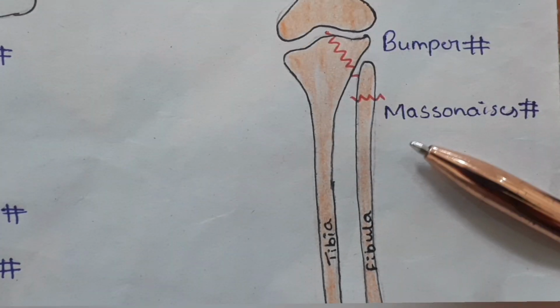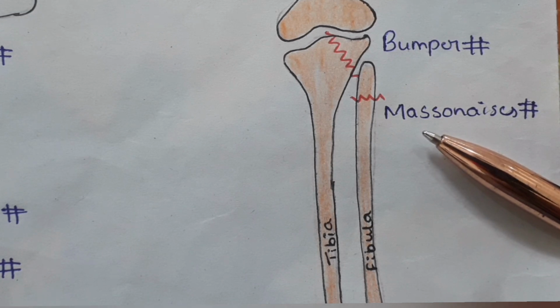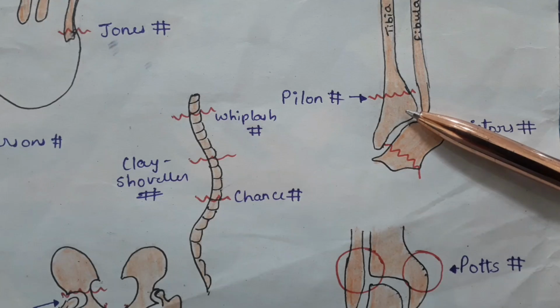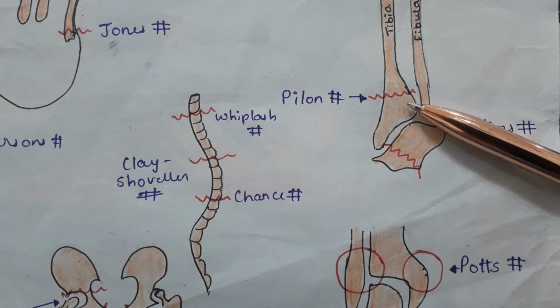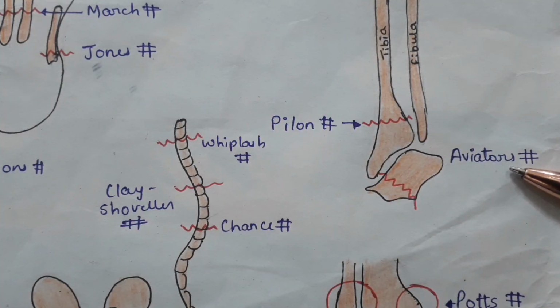Messonnaire's fracture is a fracture of the neck of the fibula. Pilon fracture is a comminuted intra-articular fracture of the distal end of the tibia. Aviator's fracture is a fracture of the neck of the talus.